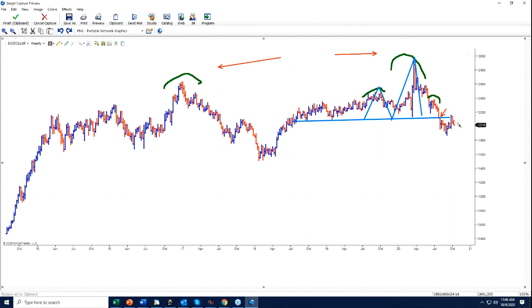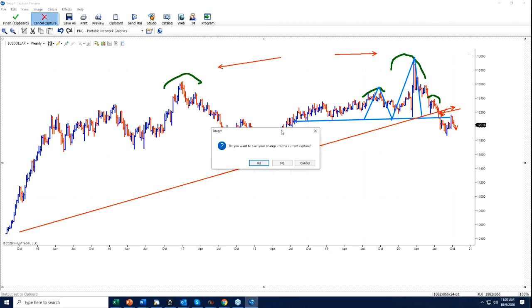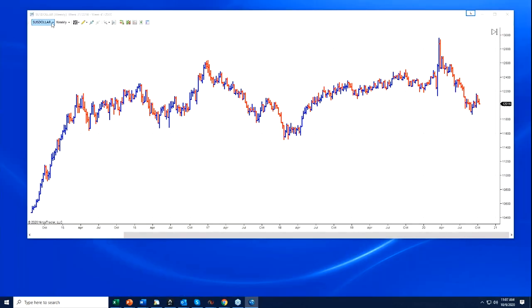Maybe next week, maybe the week thereafter. But this is looking like it's going to go the other way, meaning lower. So we also thrust through a long-term trend line a long time ago, where we kind of broke below the trend line. So a lot of things indicating the dollar is going to go lower.